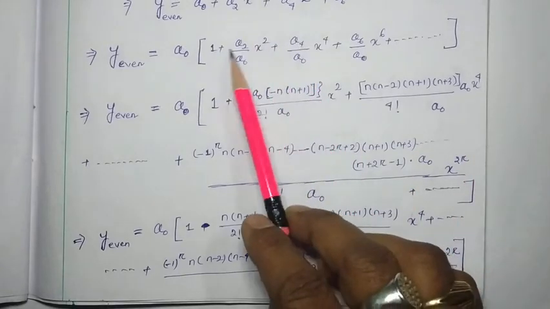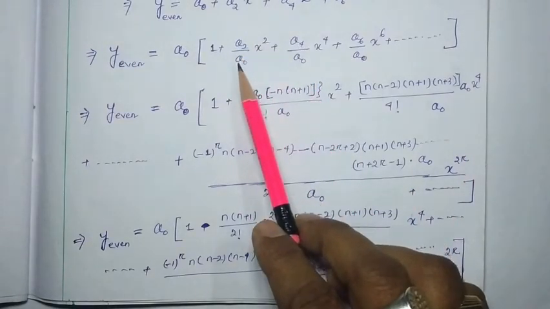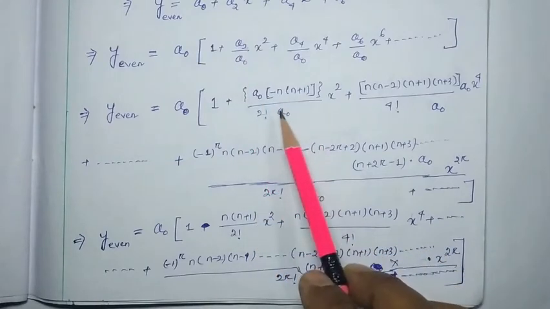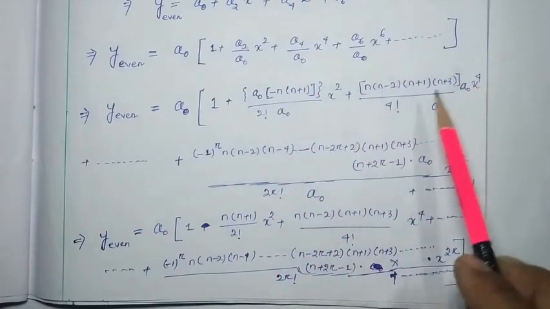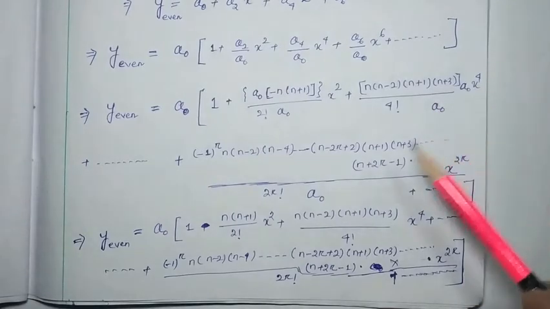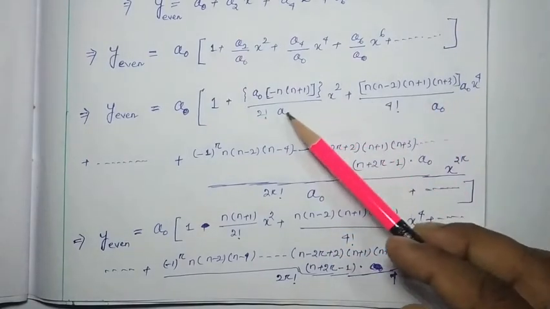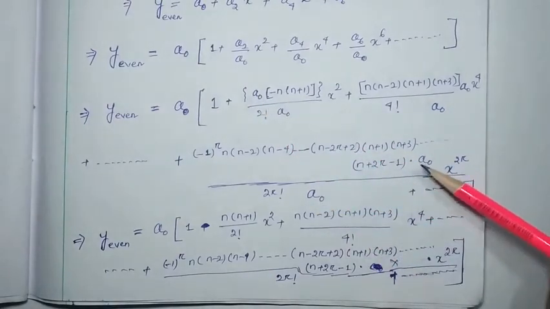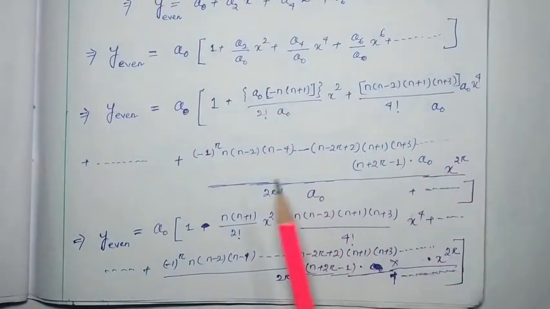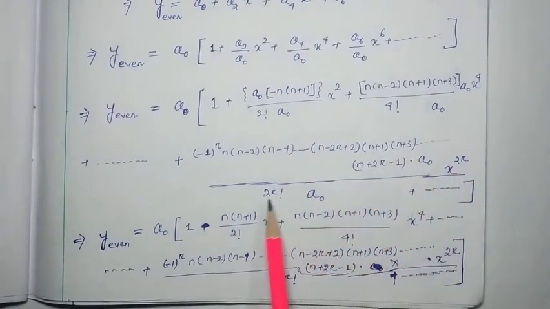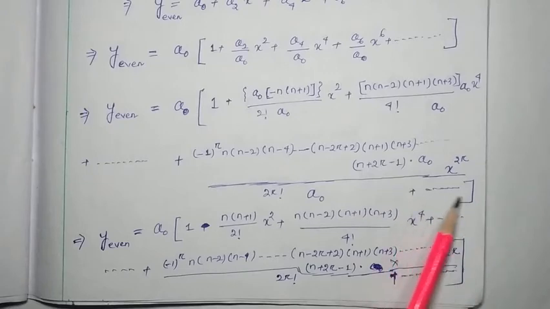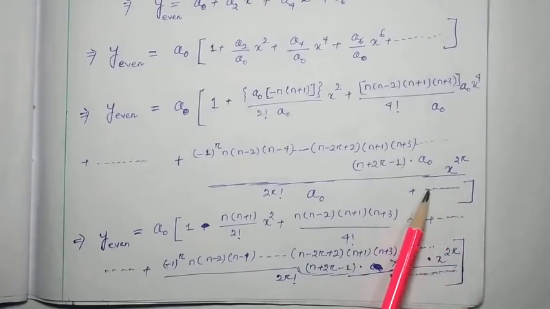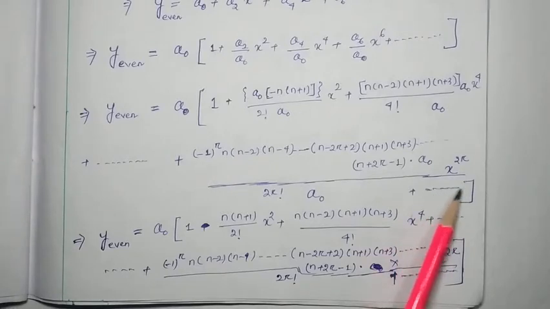Here I just substituted the a2 value, this one divided by a0, this one divided by a0. In the next step a0 will be cancelled from each term. Here is the general expression in the middle, then plus so on, or you can say other terms are going to be considered.